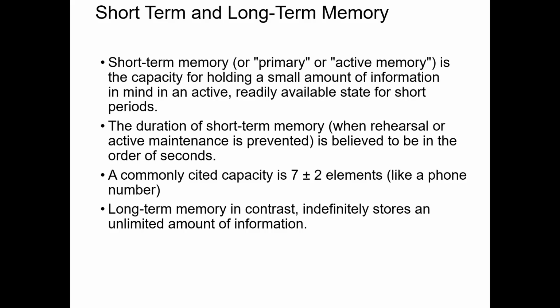That's about all you can contain in short-term memory. And if you don't rehearse it or practice it or go over it a couple times or many times, you're not going to remember it.